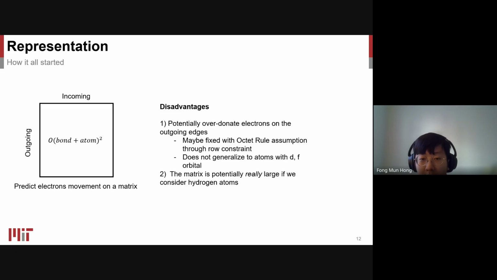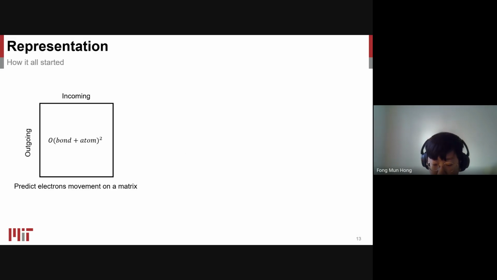Okay. Cool. All right. So when we went back to the drawing board, I think the original idea of the matrix still holds, that we want the matrix representation, but we needed something different in the entries.